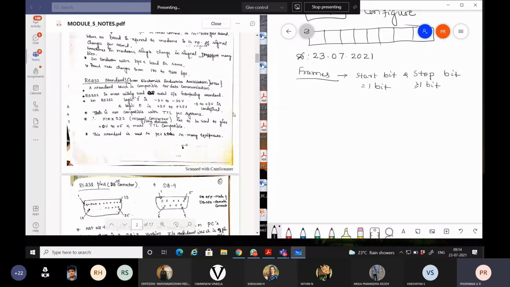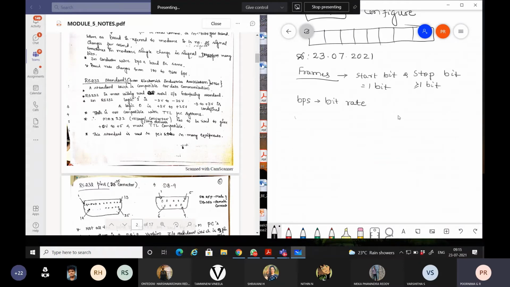Whenever serial communication is done, the unit we use to transmit the data is bits per second. That is what we use to define the serial communication bit rate. There are varied bit rates you can see with respect to the 8051.